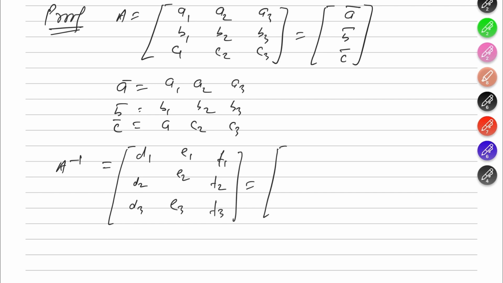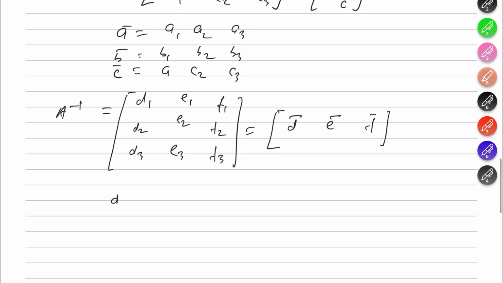This is just a column vector. I am writing it as row vectors like this: vector D, vector E, vector F. So vector D is D1, D2, D3, vector E is E1, E2, E3, and vector F is F1, F2, F3.